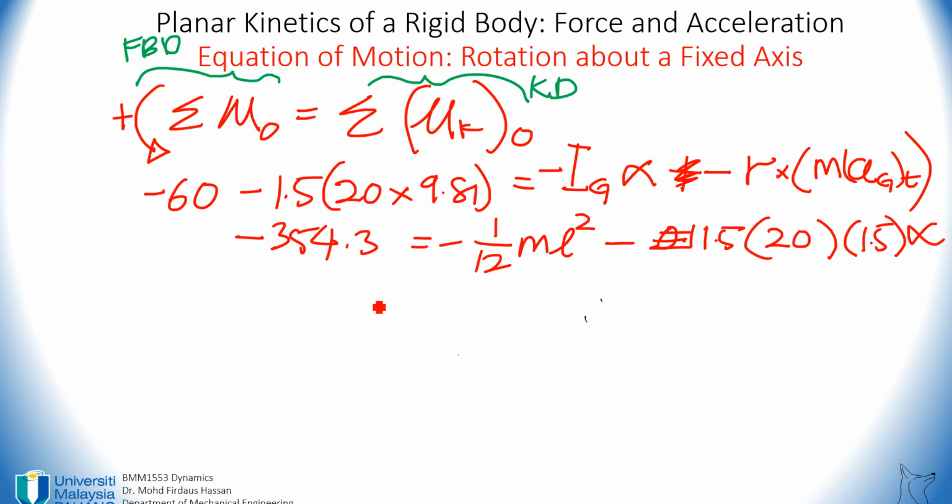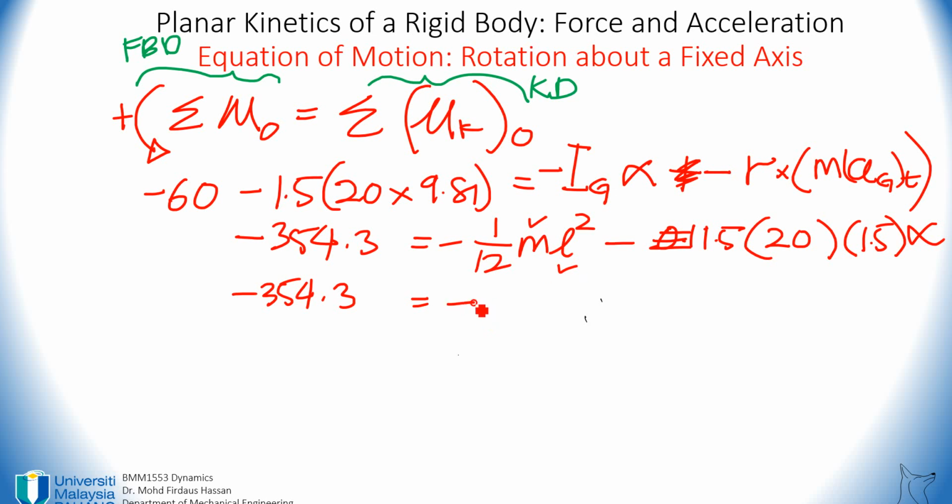So here, what is the unknown here? Negative 354.3. If you put everything here, because m is known, l is also known, so you can calculate this one. Let me calculate first.